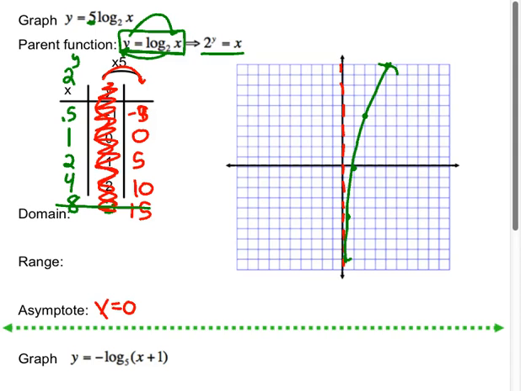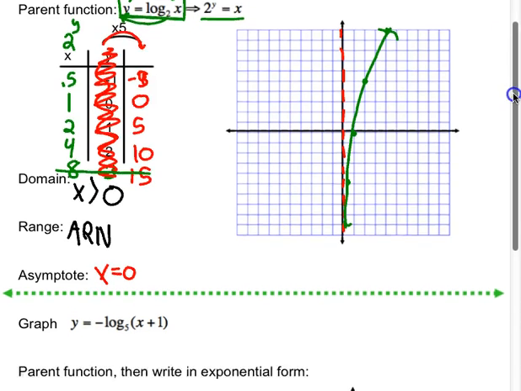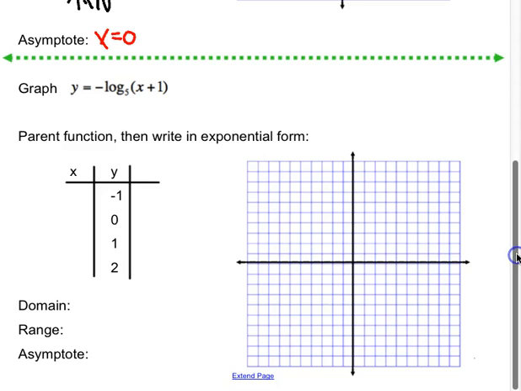All right, my range is going to be all real numbers. Remember, we could pick any y to calculate the x, and for the domain, we compare the x to the asymptote. And in this case, it's everything greater than it. All right, so let's do one last graph, and then you'll be good to go.